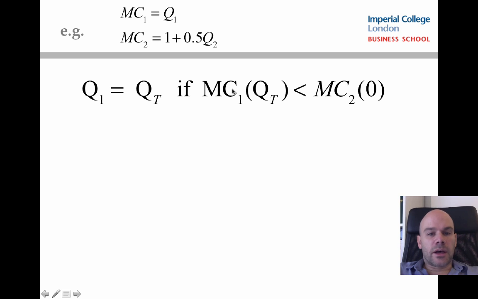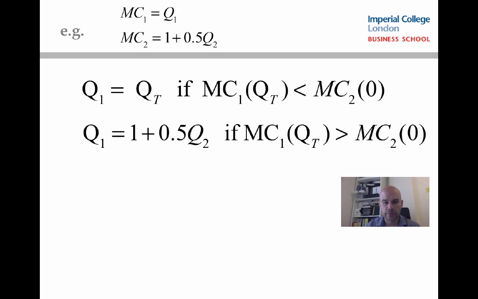This would make sense if the marginal cost of producing everything, Qt, in plant 1 is smaller than the marginal cost in plant 2 at 0, or with a very small amount, then this is a good idea.